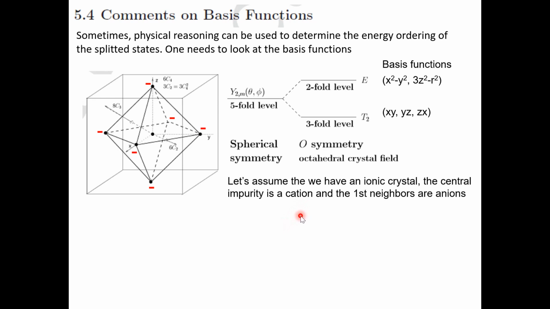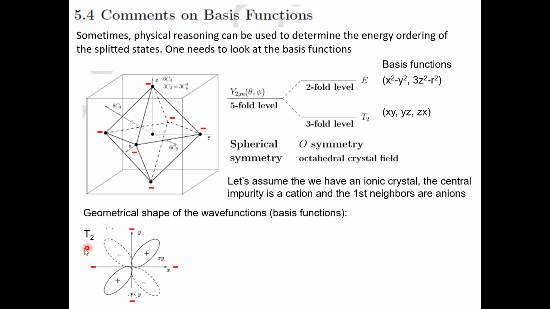Okay. So now let's look at the geometrical shapes of the orbitals or basis functions. So for the T2 level, we have functions like xy. This is the xy orbital. So it's positive here, negative here, and it has this shape.